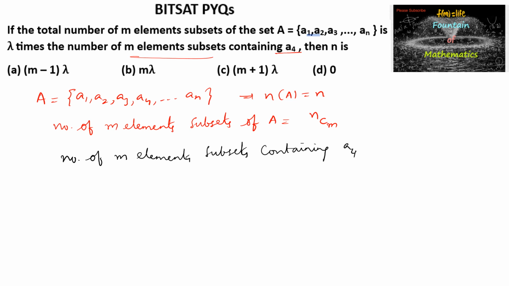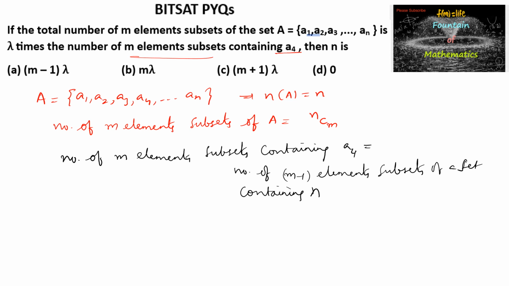containing one element A4 is nothing but the number of, we can say, m minus 1 elements of a set containing n minus 1 elements, because one element is already included, so we will not go with the selection of A4.